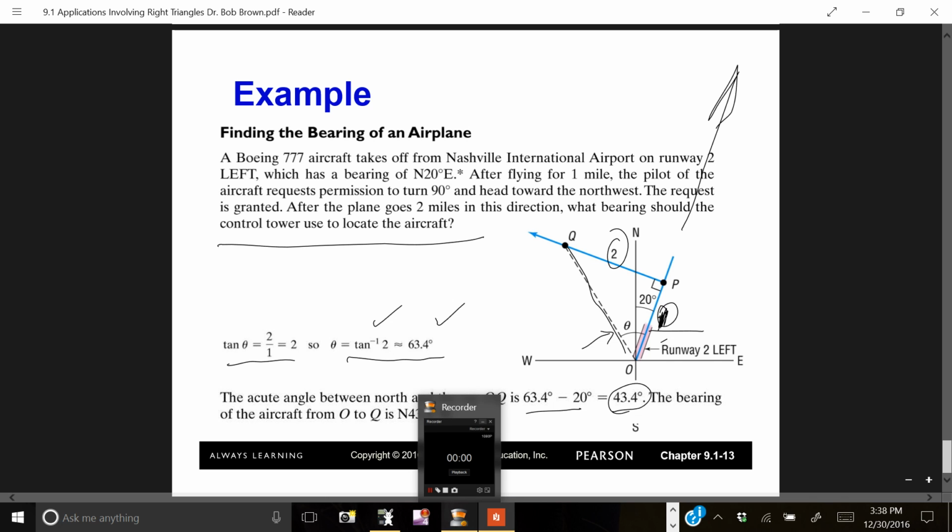So the bearing is going to be north 43.4 degrees towards the west. And that is the lesson for today.